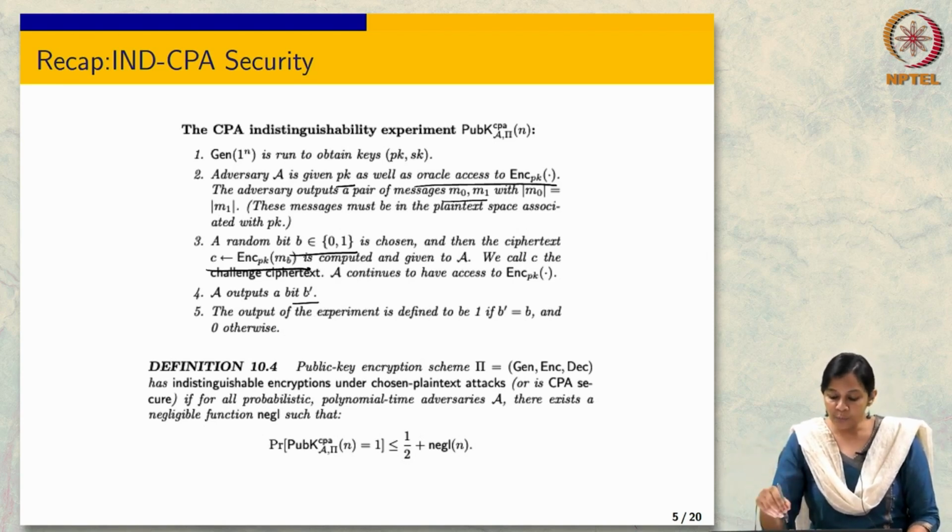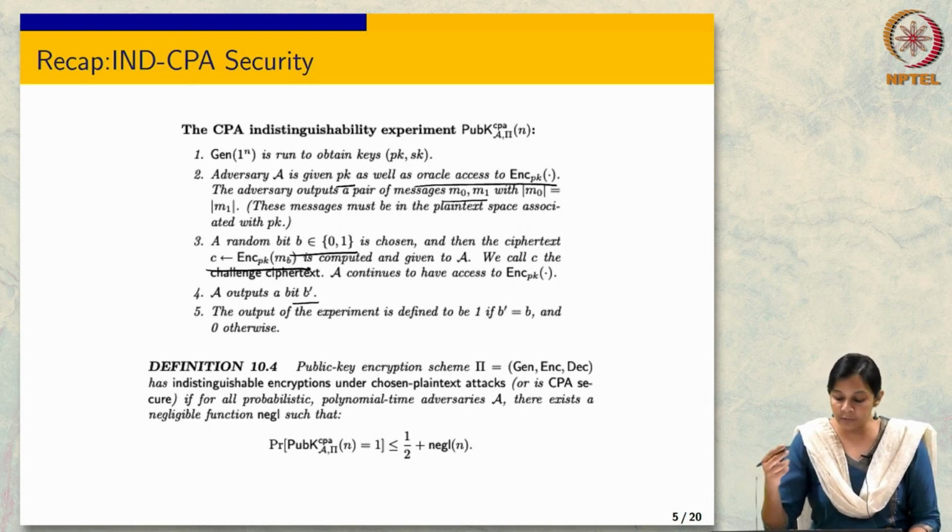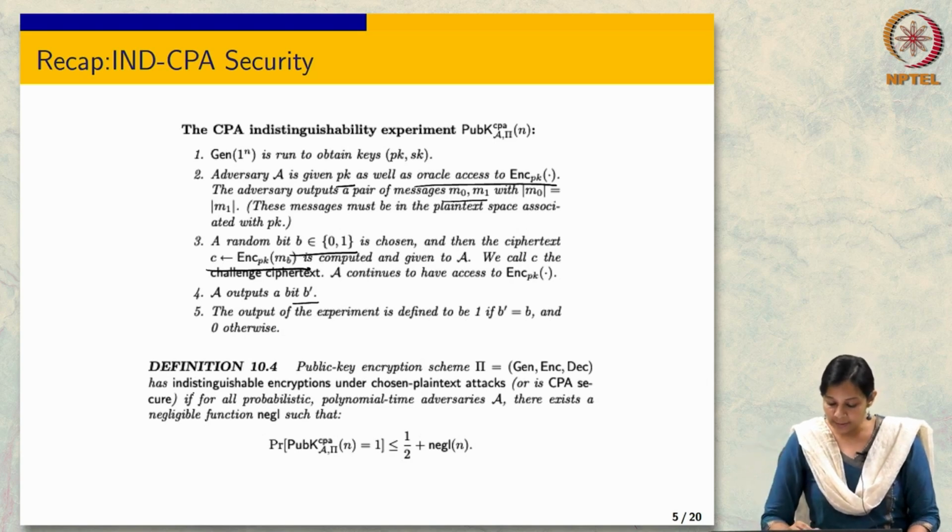The output of the experiment is defined to be 1, that is to say we say that the adversary wins if the adversary guesses the bit correctly. So we said that any scheme pi is IND-CPA secure if for all PPT algorithms A there exists a negligible function such that the output of this experiment is 1 with probability at most half plus negligible.